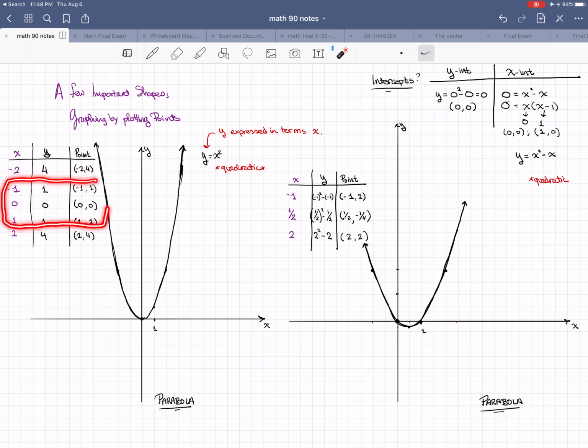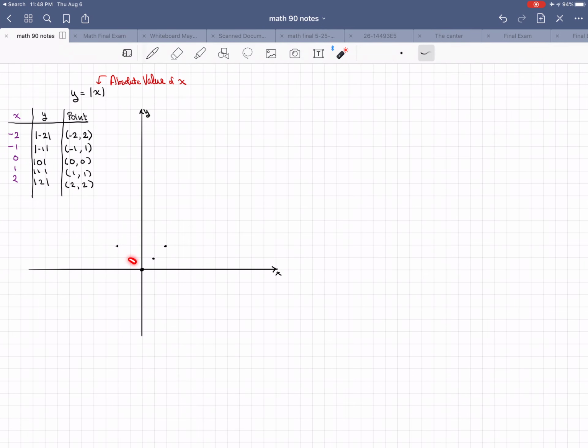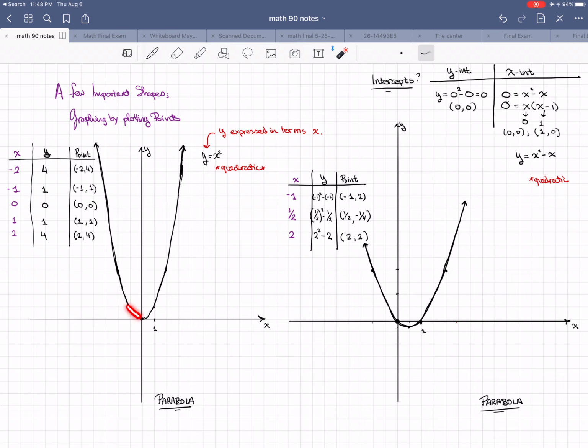So a really interesting question is, how do you know if you've never encountered a quadratic or an absolute value before? How do you know that a quadratic has this beautiful soft bend, whereas absolute value has this really beautiful sharp corner? And so this is where the question of more points comes in. Say that you haven't worked with these shapes before, and you are not convinced that the shape here is any different than the shape here.